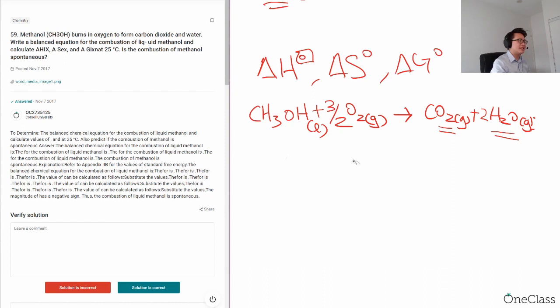From the solution, it says refer to Appendix 2B. Actually, I don't have the textbook. I don't even know which textbook that is. So I don't know what kind of information they're going to provide you, or even provide me in the solution.